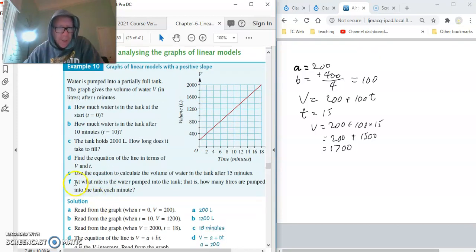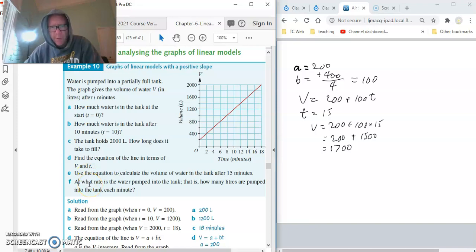So at what rate is the water pumped into the tank? That is, how many litres are pumped into the tank each minute. I'm going to let you guys think about that, because we've already done this. It's only a matter of picking the right piece of information out of all of this stuff that we've been given. Okay?